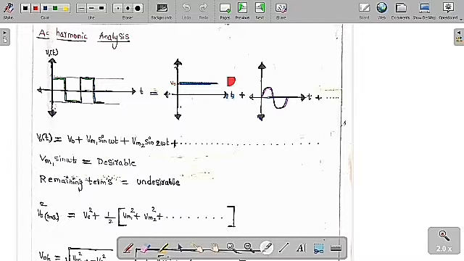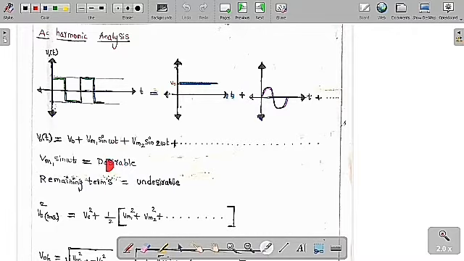So you can see clearly in the AC harmonic analysis, the first frequency term is the desirable and everything remaining is undesirable. So therefore I can write in terms of the sine and cosine terms by using the Fourier series. I am going to get V naught of t is equal to V naught plus Vm1 sin omega t plus Vm2 sin 2 omega t and goes on up to infinity.